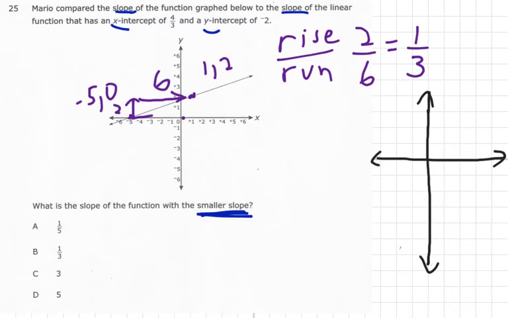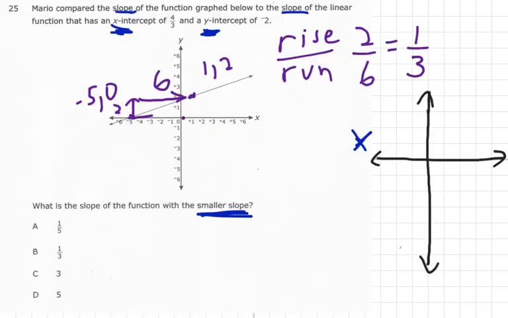Now let's check out the other linear function that has an x-intercept of 4/3 and a y-intercept of -2. Well, x-intercept means where does it cross the x-axis? And that's our horizontal axis. So a positive 4/3 is right about there, 1 1/3, not quite to halfway.